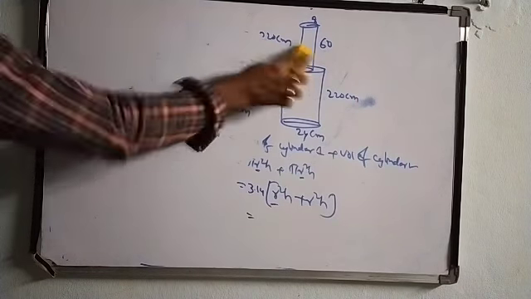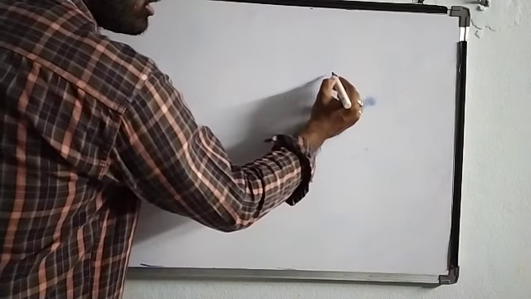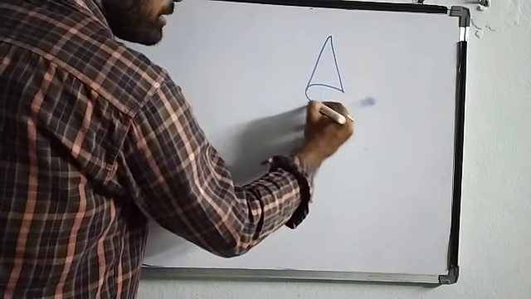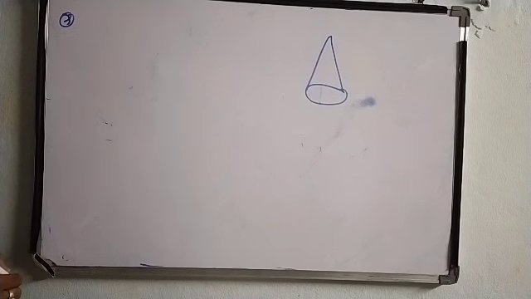Next, coming to the 7th question. The question is, a solid consisting of a right circular cone standing on a hemisphere is placed upright in a right circular cylinder full of water such that it touches the bottom.